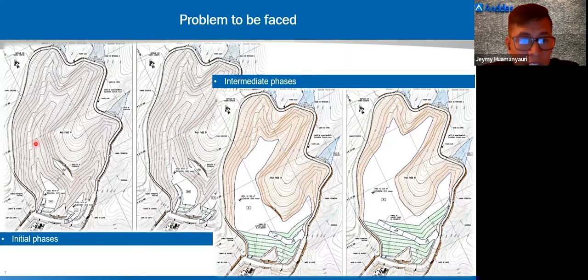So this area can be destroyed or damaged in the operation zone. For this reason, this paper recommends some methods that I can apply.